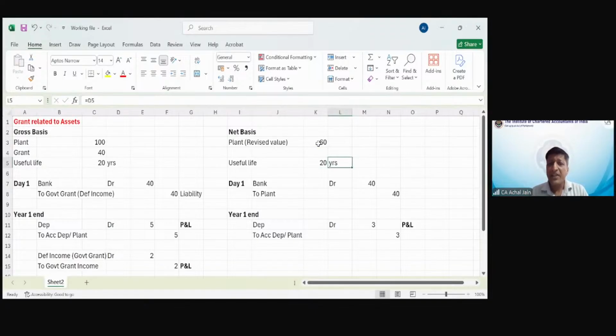Its life is same. So therefore, year on year, what will happen? There will be a depreciation charge of 3 crore. Do we have any deferred income which needs to be amortized? No.